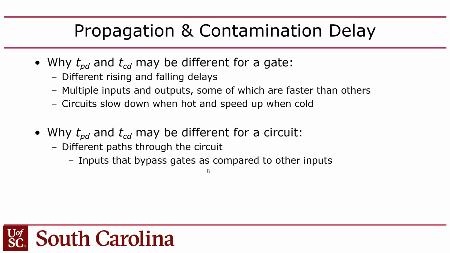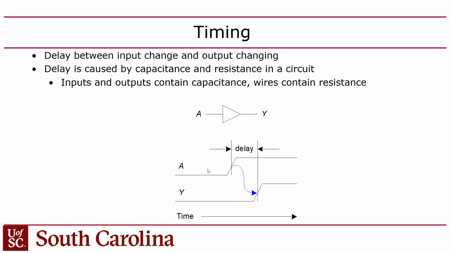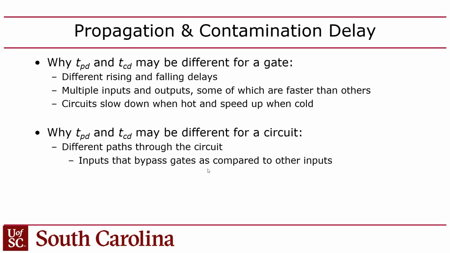You'll have different paths, different lengths of wire, and different capacitances and different resistances through even a single logic gate, depending on what input, if you have multiple inputs, right? Now, again, this example had one input and one output because it was just simplified. But of course, gates usually have more than one input, right? So different inputs may have different delays to the output.